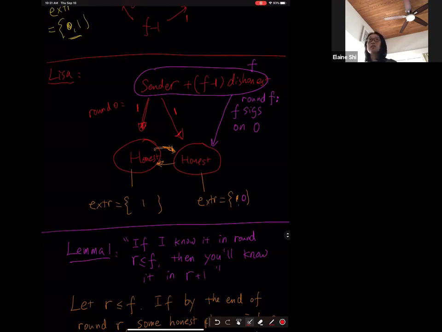So for the first time I'm adding this new bit to my extracted set, and what convinced me must contain at least one signature from an honest node. That honest node must have signed it in an earlier round, and therefore when he signed it, he must have sent it to everyone else, and everyone else would also add it to their extracted set in the immediate next round, by lemma 1, which we have just proved.